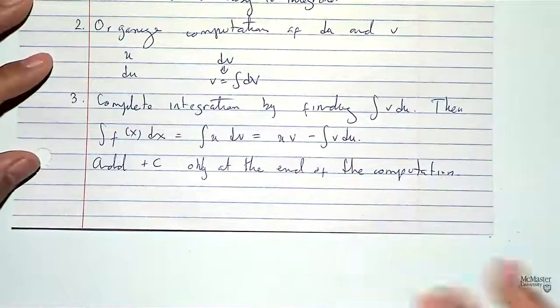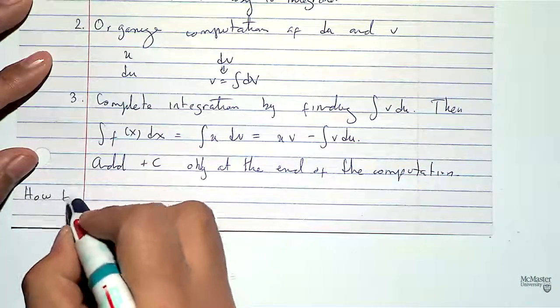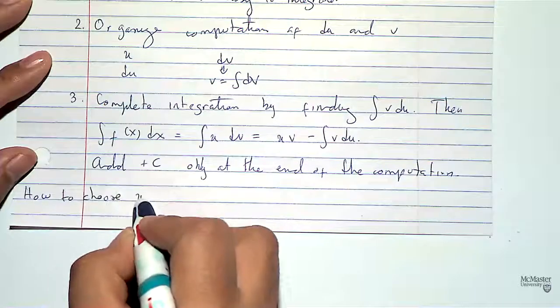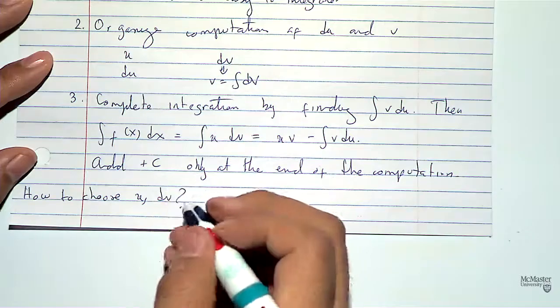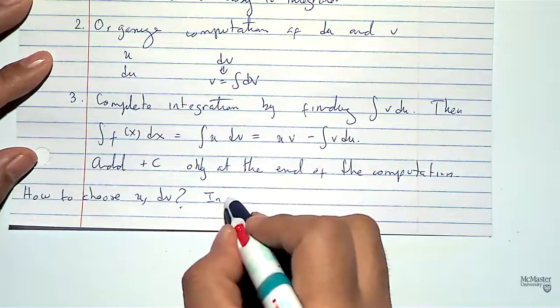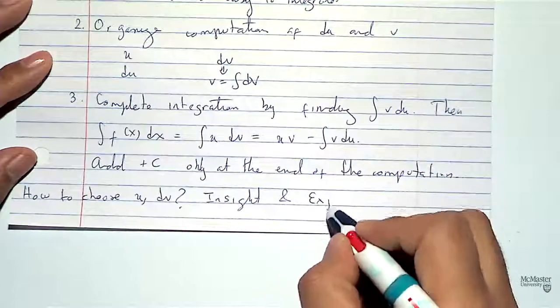Now, basically like a final suggestion, how to choose u and db. Again, you have many choices, but probably only one is the optimal. You have to get some insight and experience, which means that you have to practice.